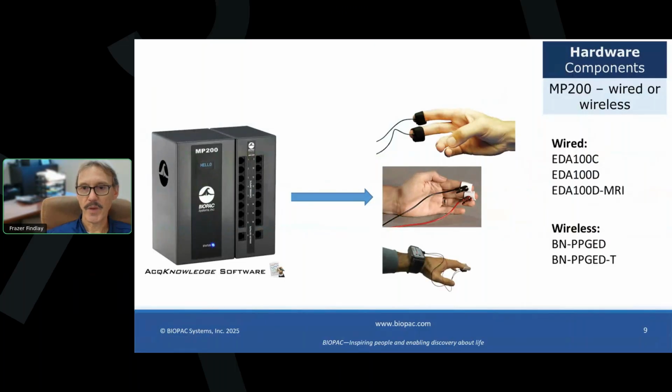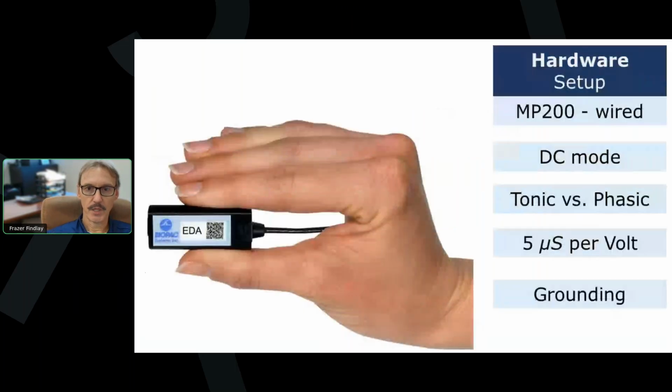The MP200 is BIOPAC's core research platform. It took over from the MP160, and prior to that, the MP150. There are two amplifier types for this, the wired and wireless.